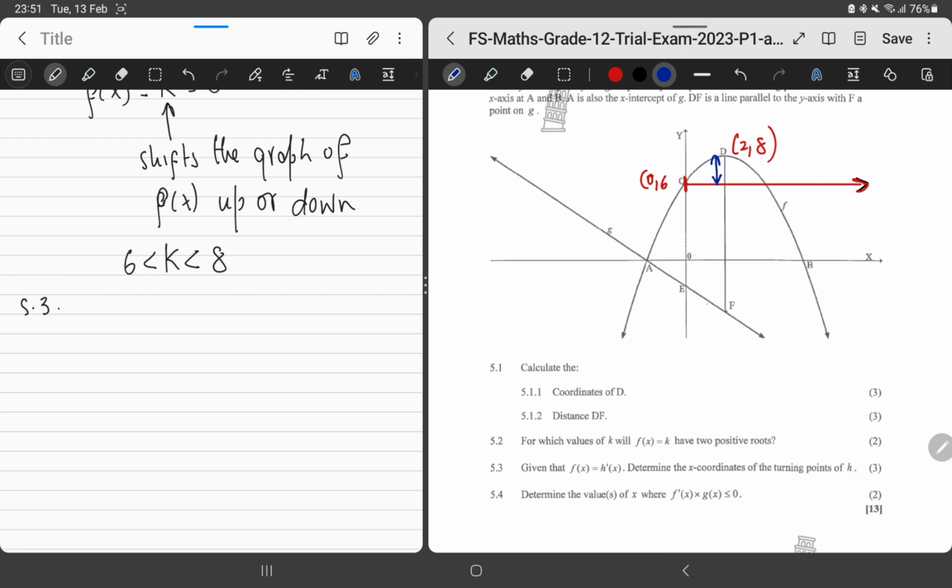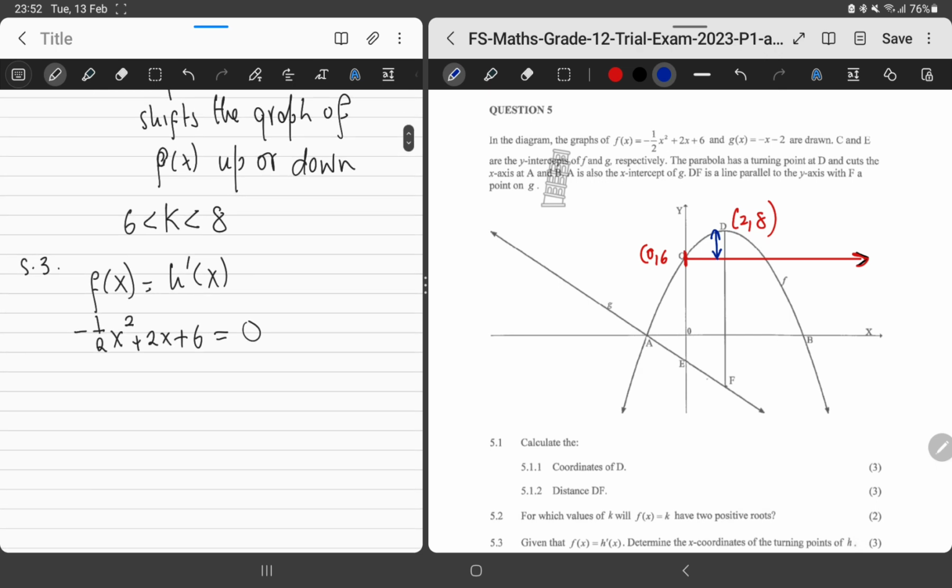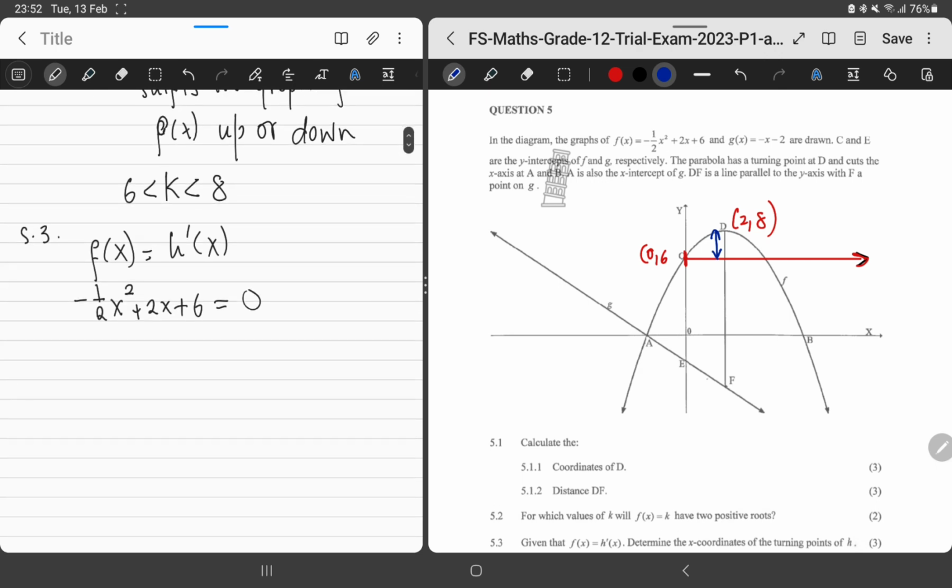5.3. Given that f of x is equal to the derivative of h, determine the x coordinates of the turning points of h. They are telling me that f of x is equal to h prime of x, and I know that at the turning point the gradient should be equal to 0. So then this is minus 1 over 2 x squared plus 2x plus 6. This should be equal to 0. So they are essentially just looking for the x-intercepts.